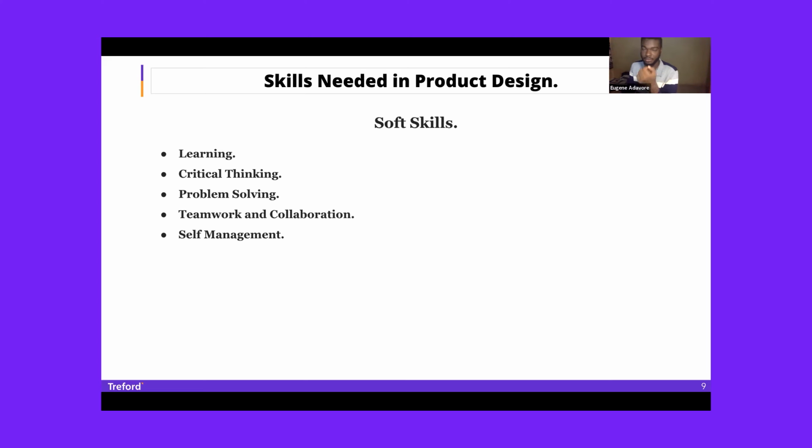Next is critical thinking. Critical thinking, I would say, is the ability to break down complex problems. So I am trying to design for blockchain, yes, but not for the millennials or Gen Zs. I have to design for the elderly. Now, ideally, blockchain and the elderly don't really go well in one sentence.